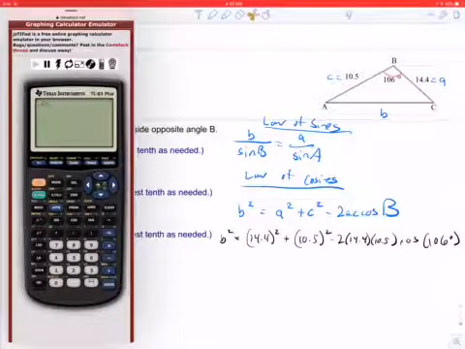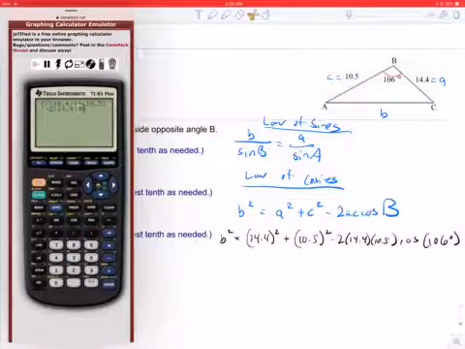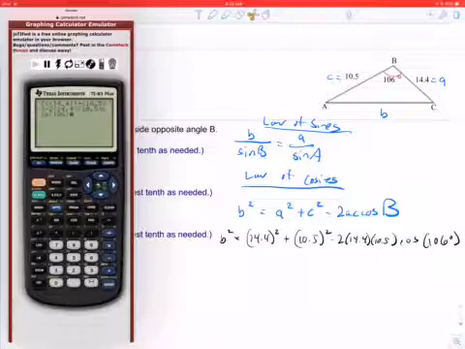I'm going to take the positive answer just because we're doing distance. So first we have 14.4 quantity squared plus 10.5 quantity squared minus 2 times 14.4 times 10.5 times the cosine of 106 degrees, close off the cosine, and then close off the square root.